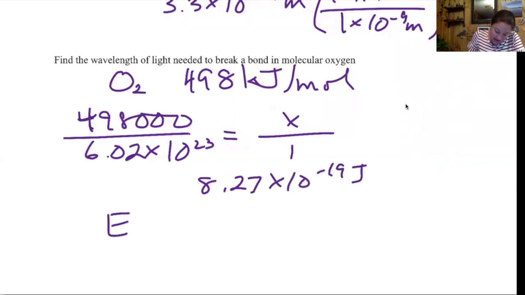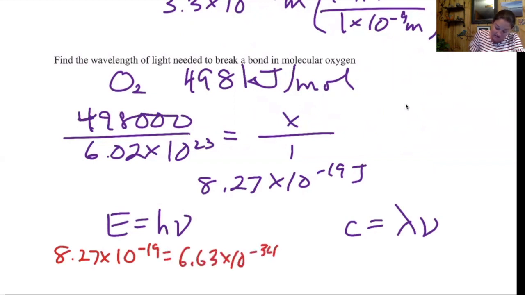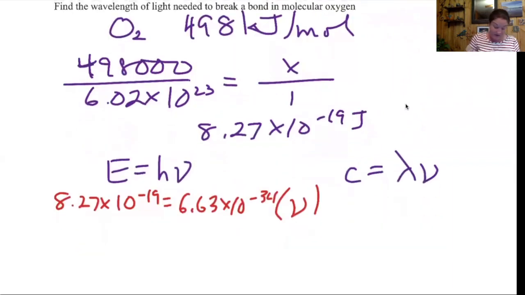Now I can do E equals h times nu, and then I'm going to do c equals lambda nu. 8.27 times 10 to the negative 19th equals 6.63 times 10 to the negative 34th times the frequency. Giving me a frequency of 1.25 times 10 to the 15th hertz.